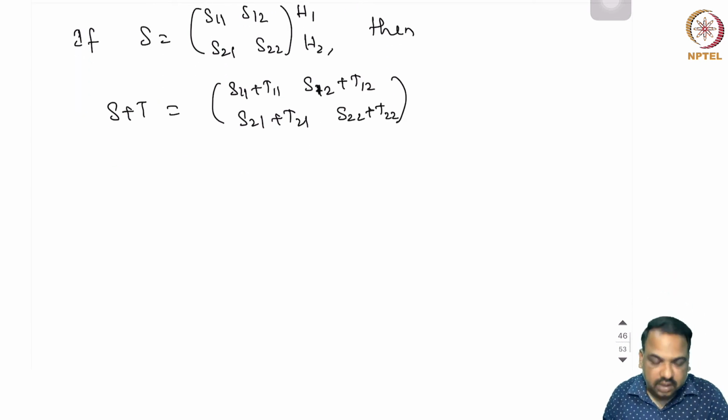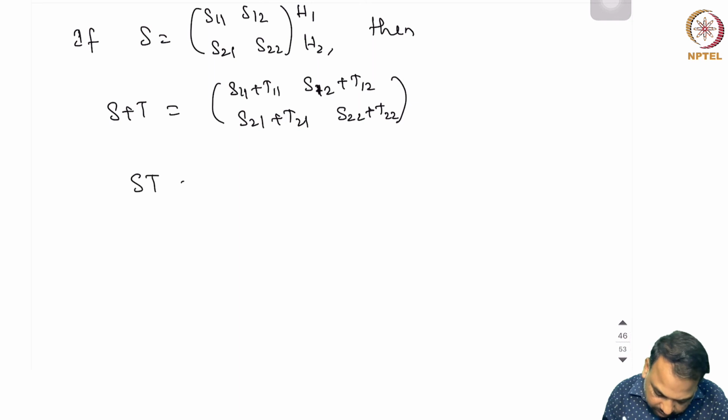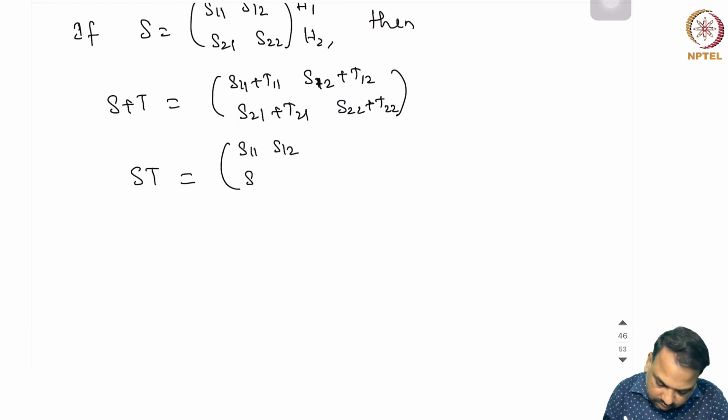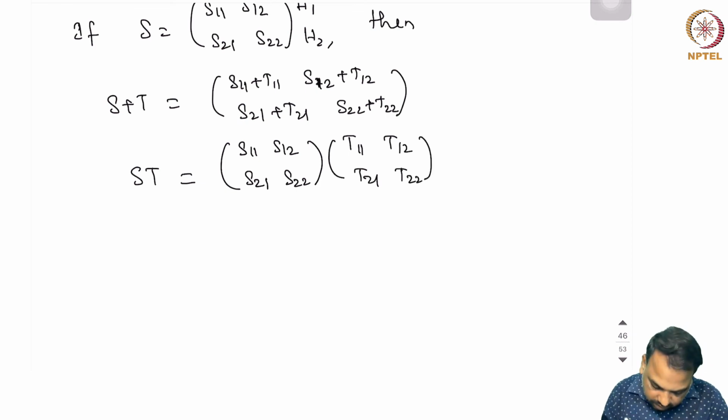This is component-wise addition, and ST can be written as the product of two matrices in the usual way. This is S11, S12, S21, S22 multiplied by T11, T12, T21, T22. This is the usual matrix multiplication.